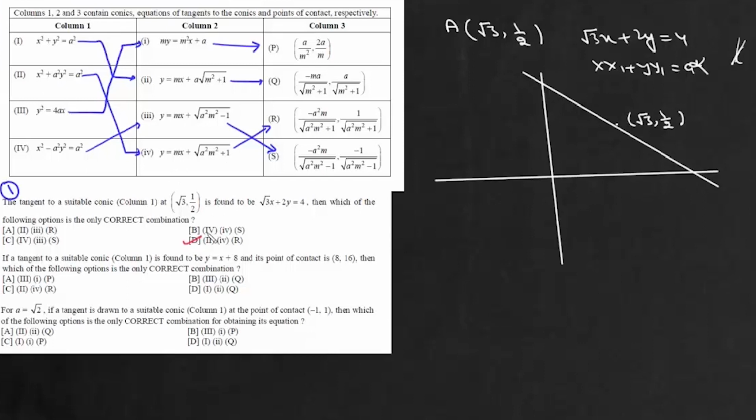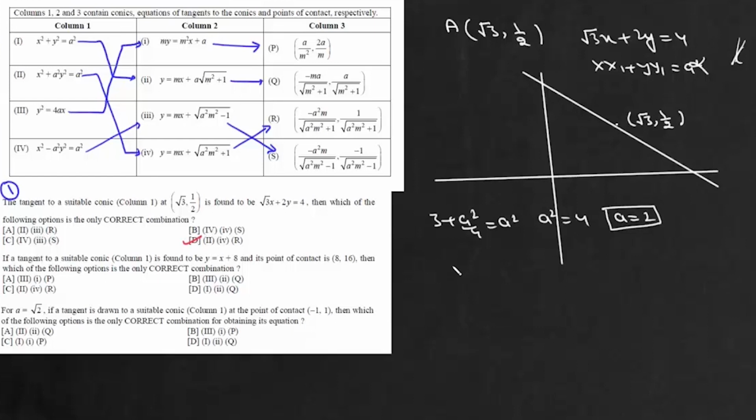That's your option D. Now we'll prove it also. Now if we have this point will lie on this ellipse, so we'll get 3 plus a square by 4 equals a square. So value of a square is 4. That means value of a is 2.